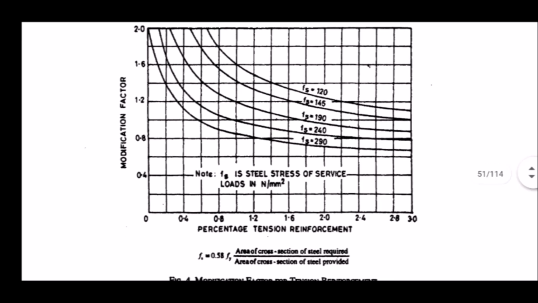So depending upon the percentage of steel and value of Fs, we have to find out the modification factor, which we have to multiply with span to depth ratio to get the maximum span to effective depth ratio. So to find out Fs, the formula is given just below the graph.